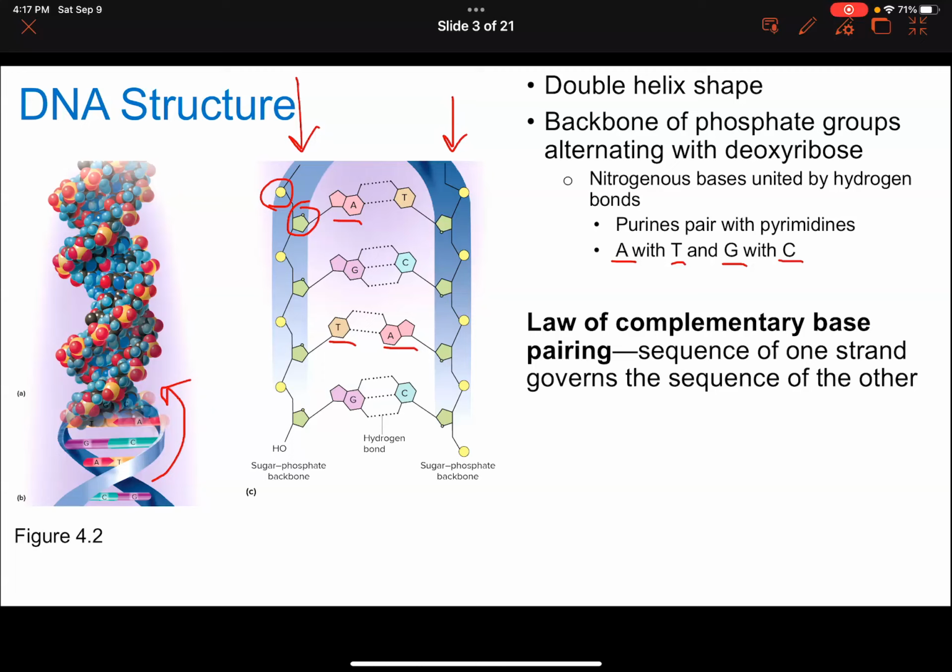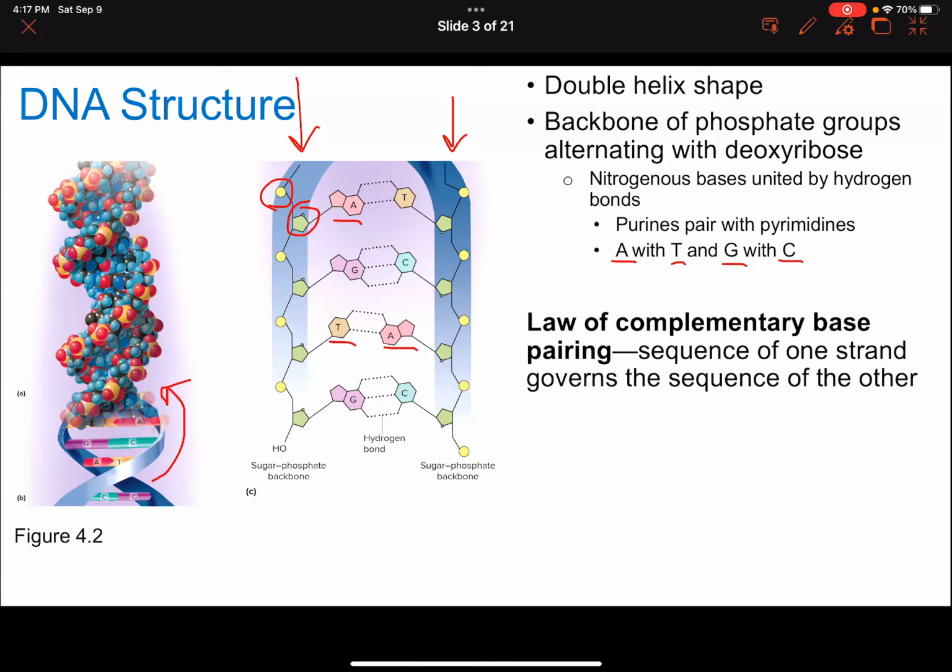Essentially, because we know these nitrogenous bases will always pair with a certain other one, then we can determine what a complementary strand would be. So if we know the sequence of one strand, we'll know what the complementary base will be.